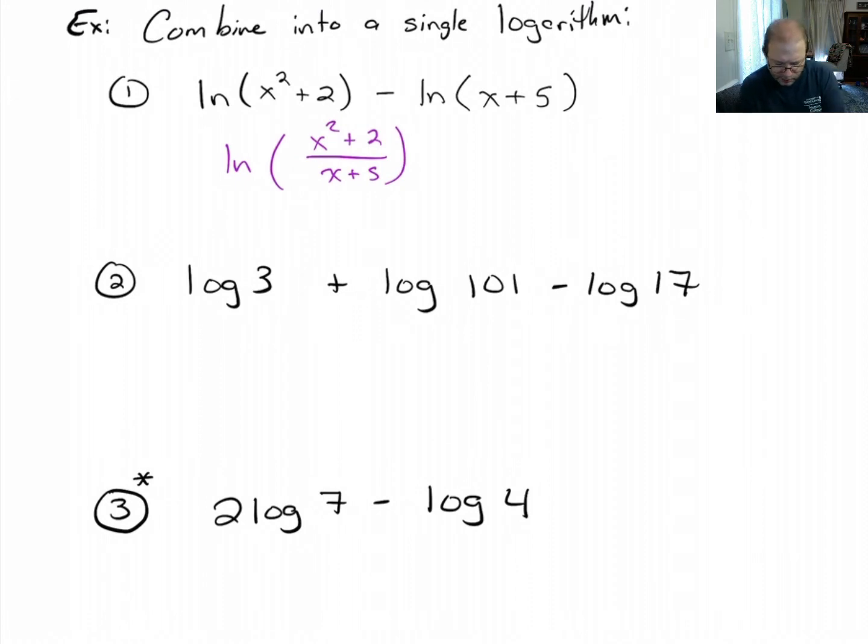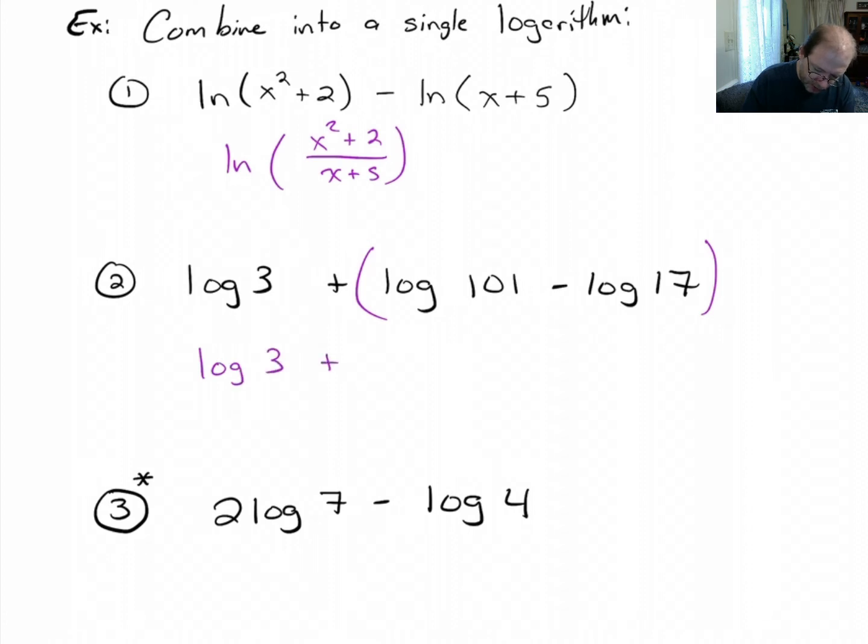All right, this next one is sort of interesting. It's got 3 logs. Now, what I can do is first, I can group them however I want. I could group them like this, or I could group them like this. Doesn't matter. We'll do this one. So this turns it into log of 3 plus log of, that's going to be 101 over 17.